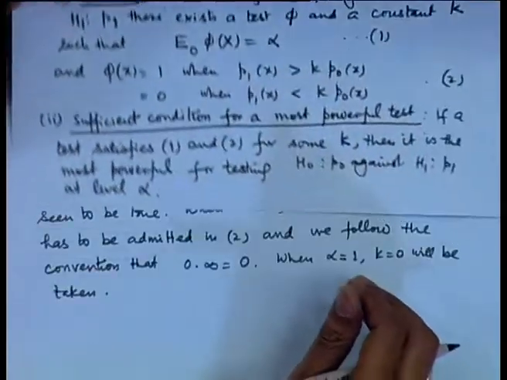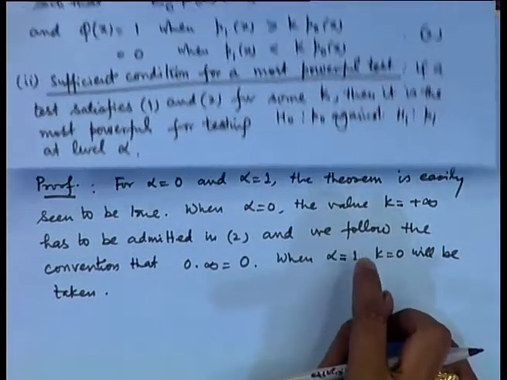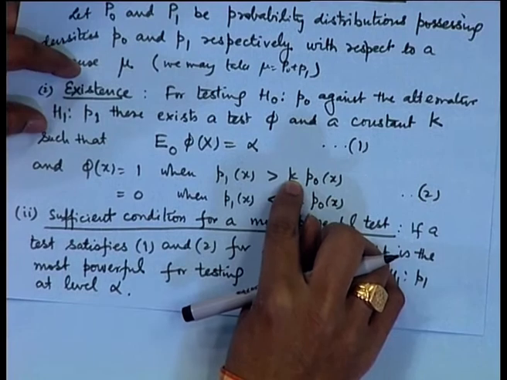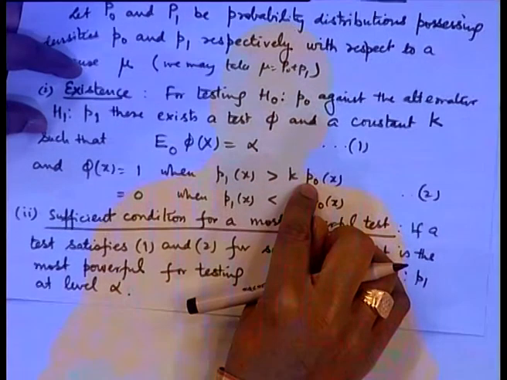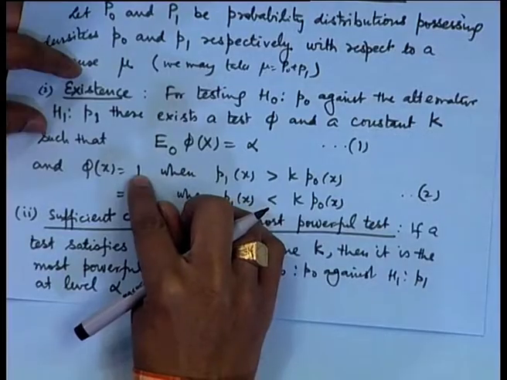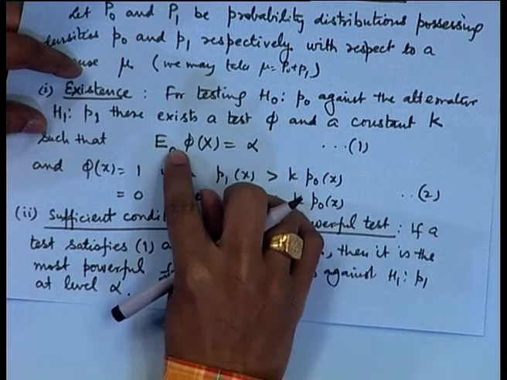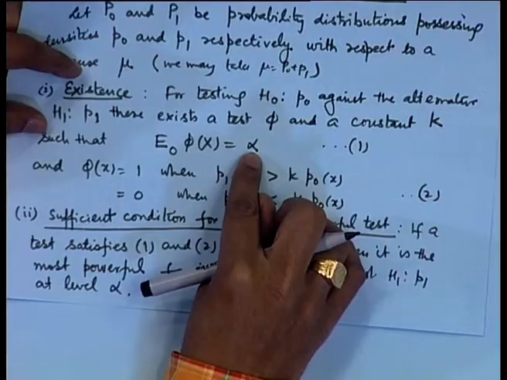Also we see the case of alpha is equal to 1. Now, alpha equal to 1 will happen when I take k equal to 0. If I take k equal to 0, this side is 0. That means P 1 x greater than 0 is always satisfied. Therefore, you are always rejecting H naught. When you always reject H naught, then the probability of type 1 error is 1. Now, in this case, what is happening to the probability of type 2 error?